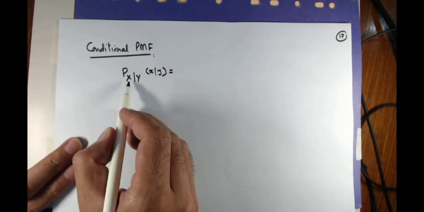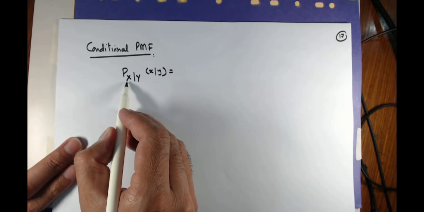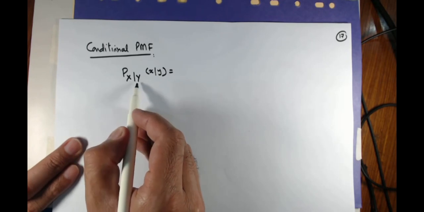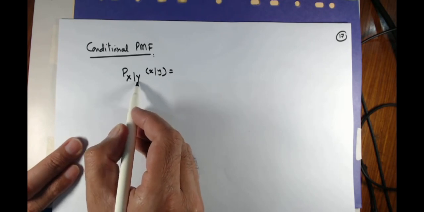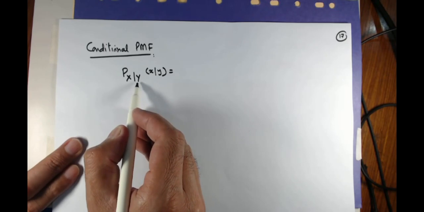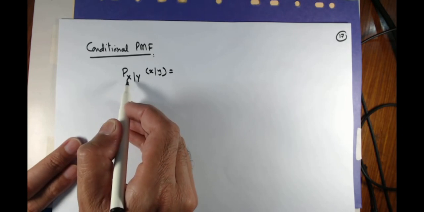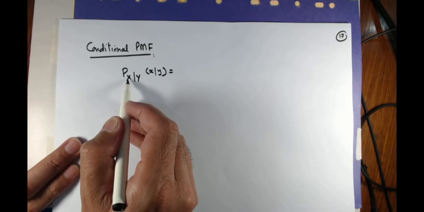This means: what is the distribution of X given that random variable Y has occurred. So you are taking the whole random variable Y as a conditioning event, and then you want to see the new conditional PMF of random variable X. Please note this.